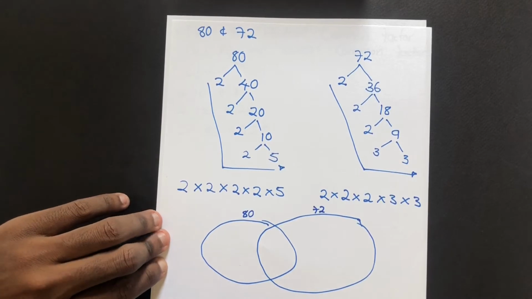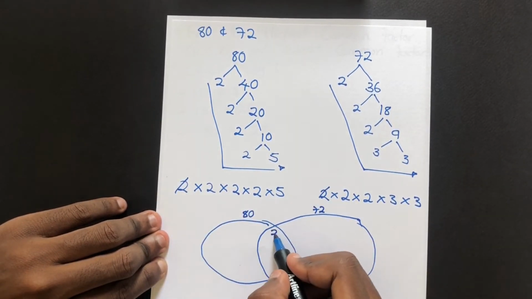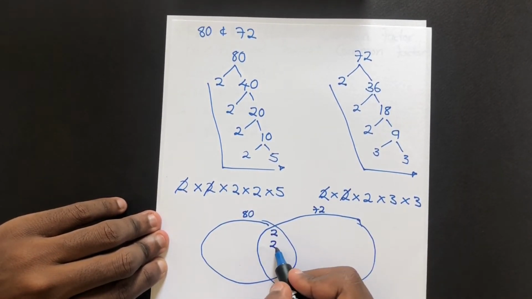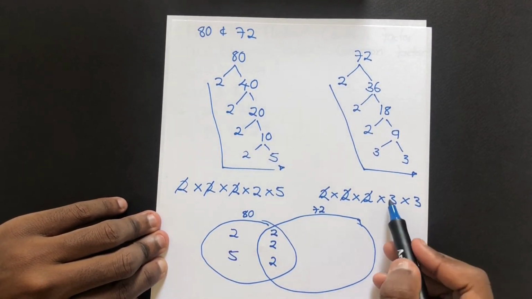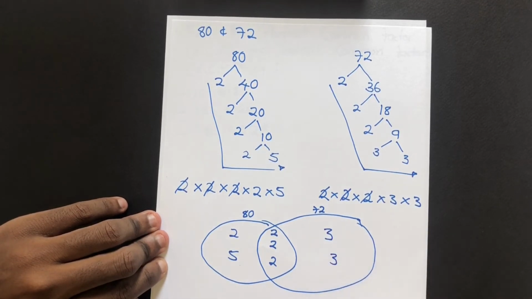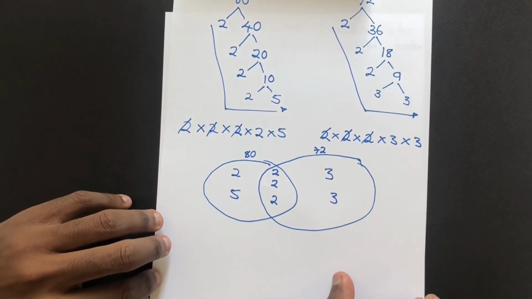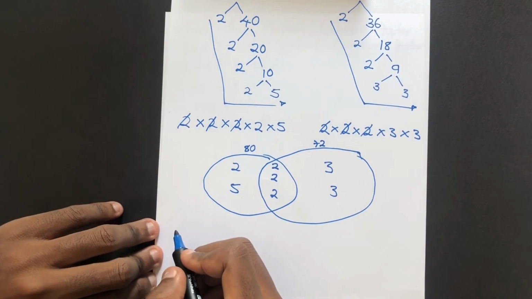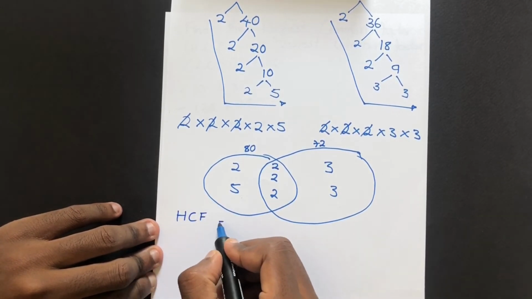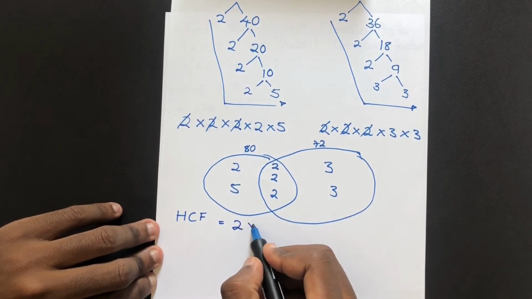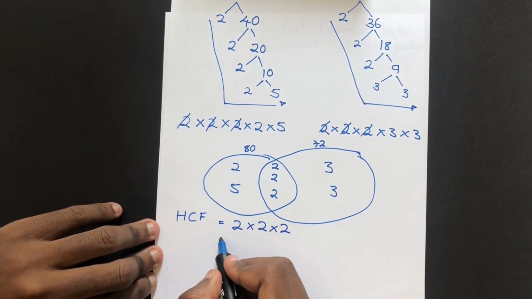Then the numbers that are the same, 2, 2, 2, then we have 2 and 5, then that's a 3 and 3. So our highest common factor for this case is 2 times 2 times 2, which is 8.